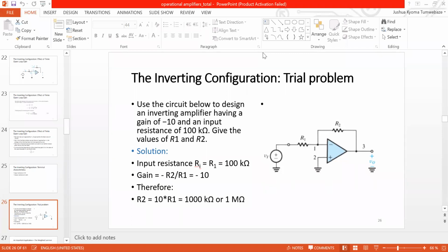According to the characteristics of the op-amp, it does not draw any current out of the source, and from the definition of impedance as voltage over current, if current is zero, voltage over zero will mean infinity.